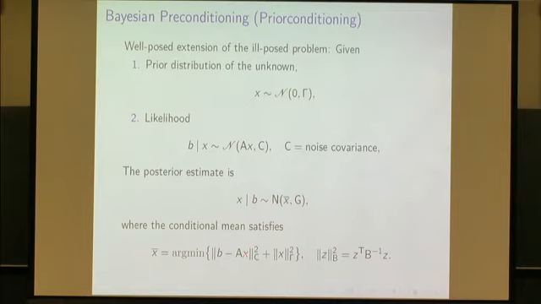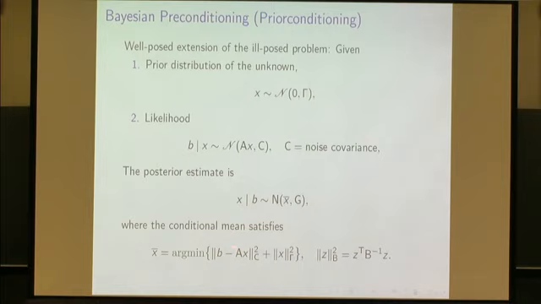Since we are in a Gaussian framework, the maximum a posteriori estimate and the conditional mean estimate are the same, so you can formulate your conditional mean as a solution of a minimization problem where you have the likelihood part. The notation with index C here means that we are calculating the inner product with weight C inverse.